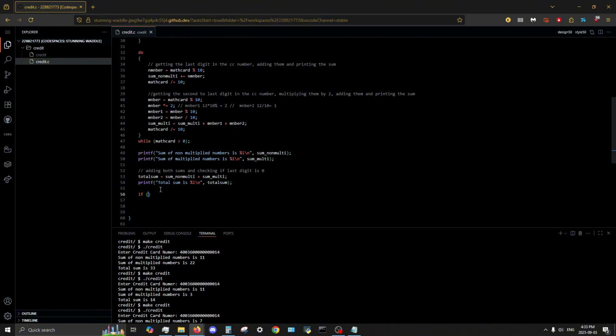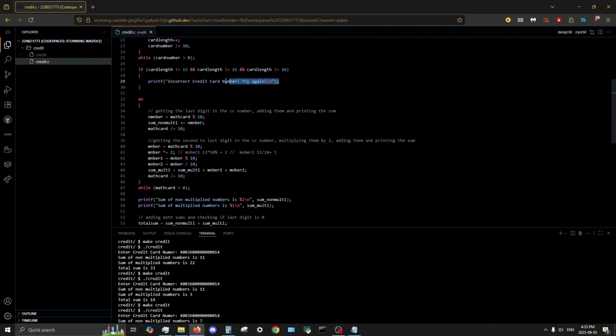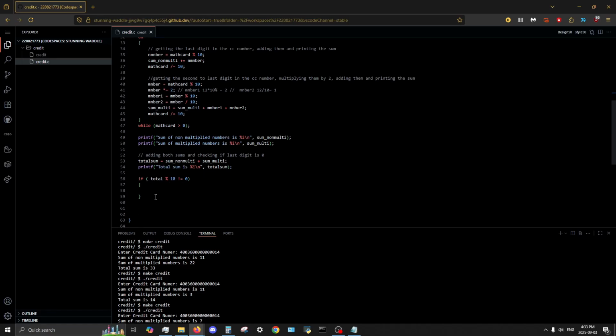So if total sum, so we want the last digit, doing it the same as before, percent 10 is not equal to 0, and then open bracket. Do you put a semicolon here? No. Open bracket. And we do that.